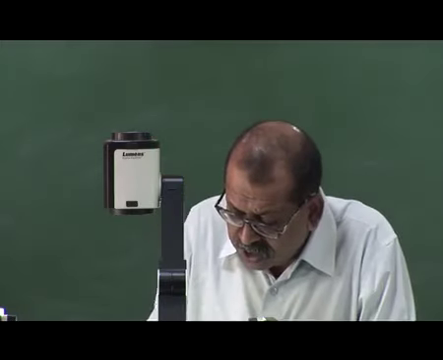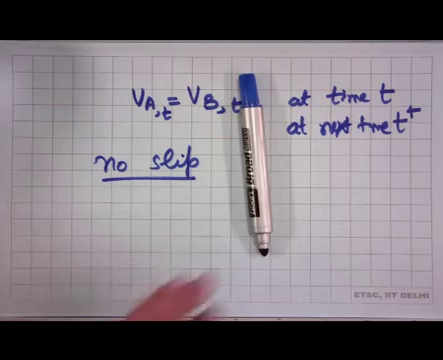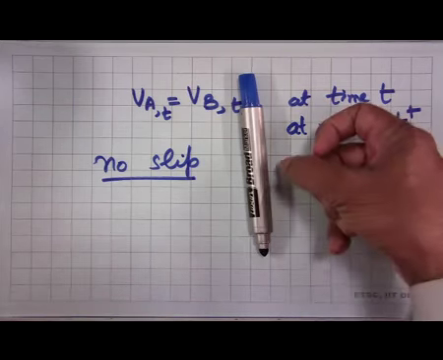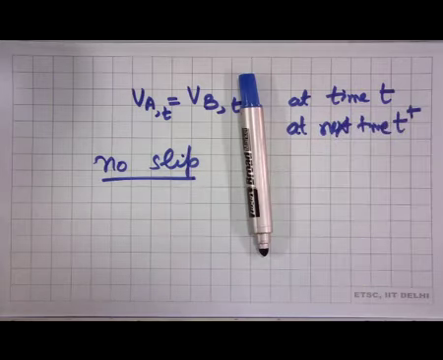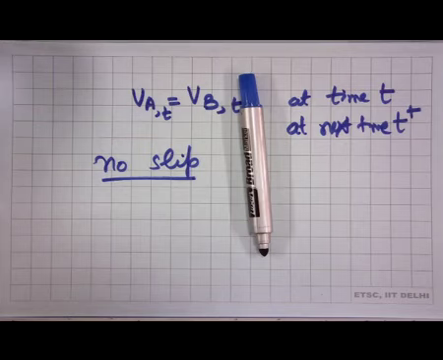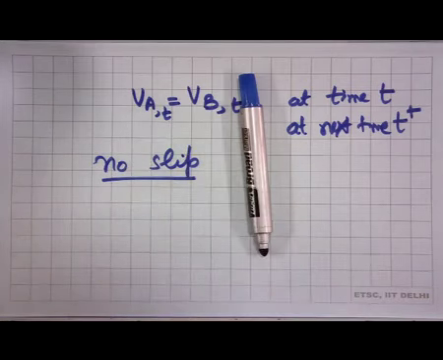As an example, let us say this pen is lying on the table. If I look at the contact point on the pen and the contact point on the ground, the velocity of both of these is equal to 0, and they are 0 at this time and at the next time. So, V A is equal to V B and they happen to be 0.